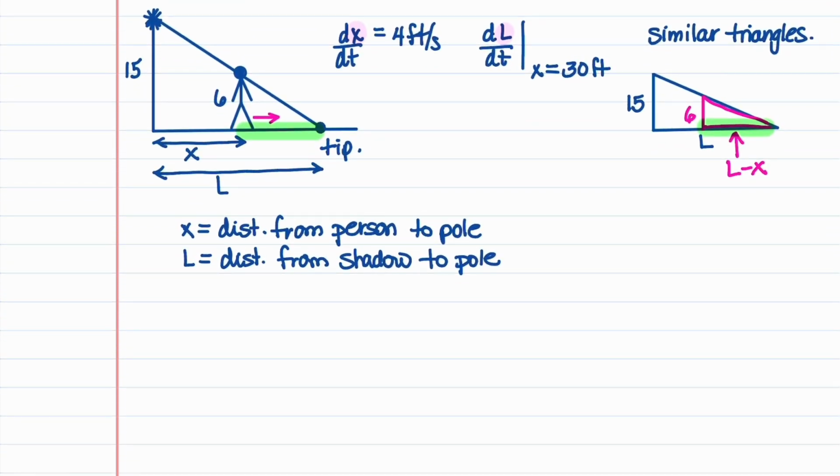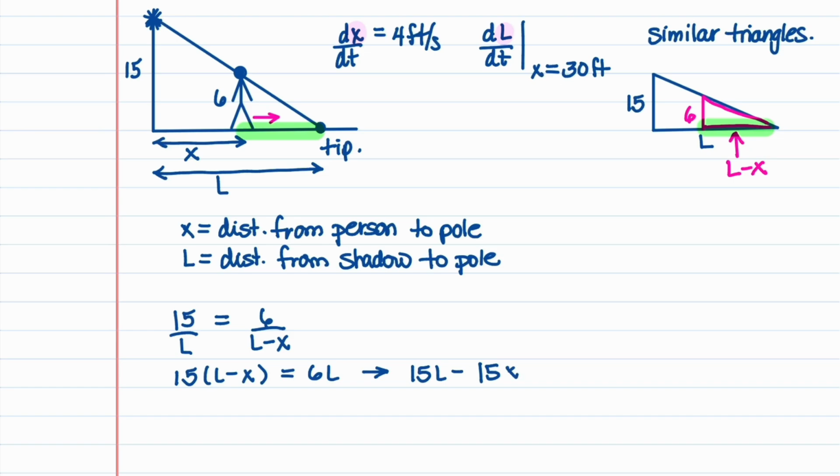So let's come down here and write down the equation for our similar triangles. We have the ratio of 15 is to L as 6 is to L minus x. Now what we're going to do is cross multiply. So we have 15 times (L minus x) is equal to 6L. So that is 15L minus 15x is equal to 6L.